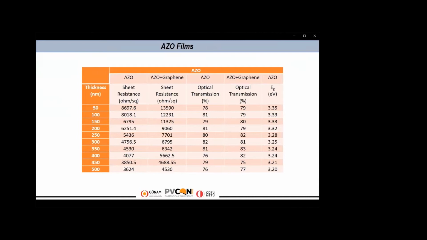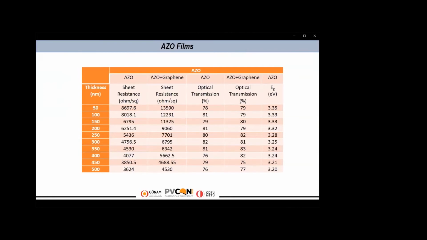This result can be related to AZO film crystallinity, because increase of the TCO's film thickness can improve crystalline structure. So, sheet resistance of AZO can be decreased with increasing film thickness, and optical transmission wasn't affected seriously.